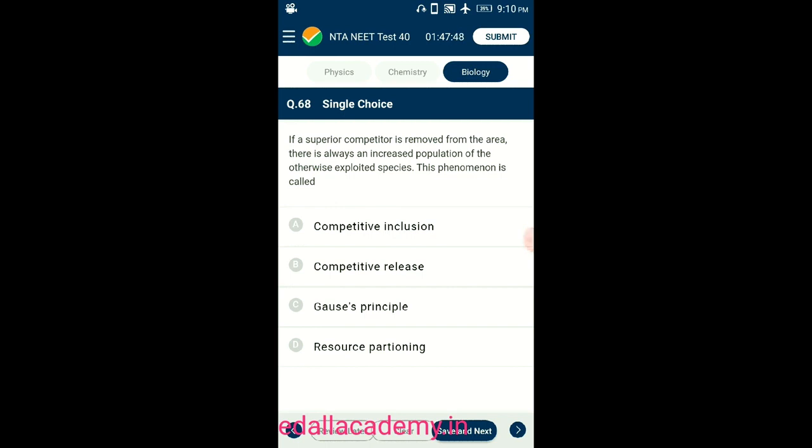Removal of the superior Balanus leads to a rapid rise in the population of the inferior Chthamalus. This is called competitive release. Answer for this question is option B, competitive release.